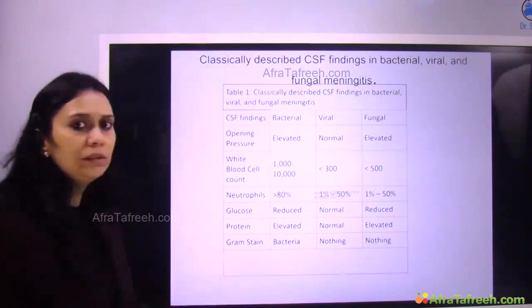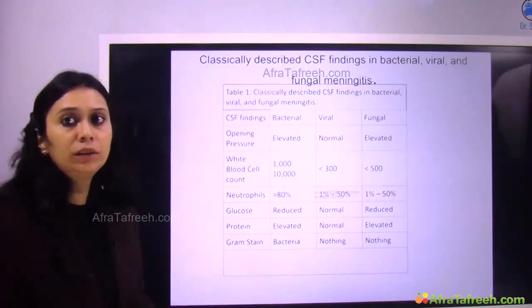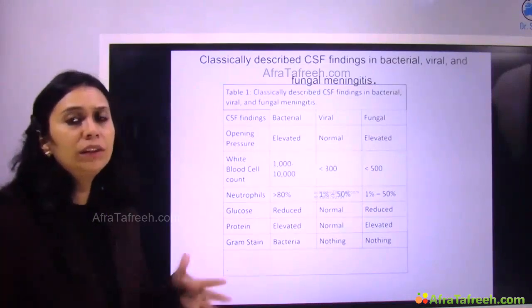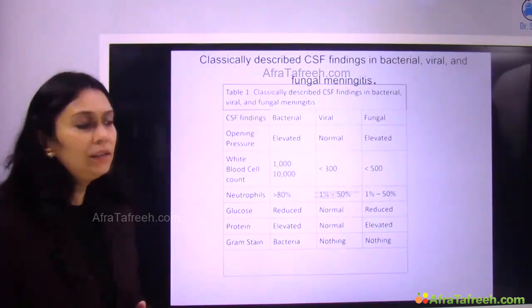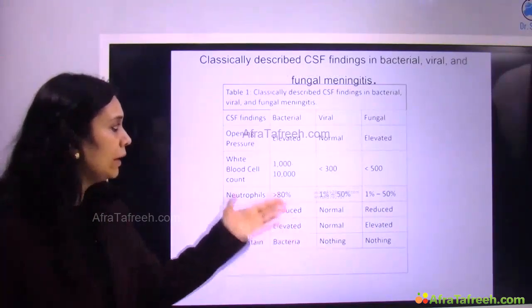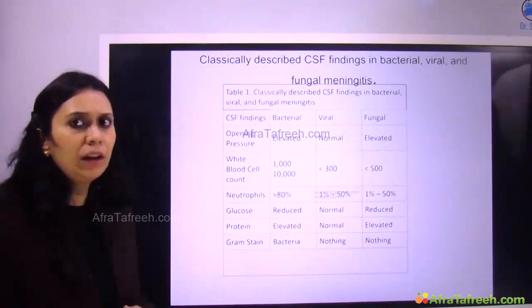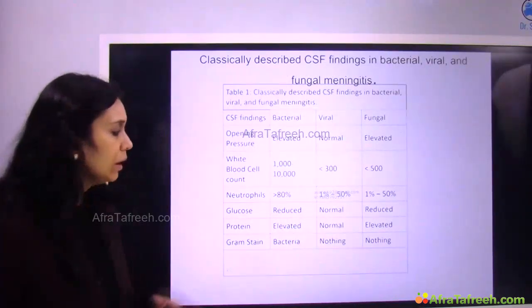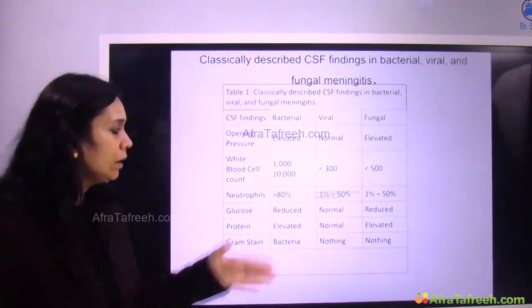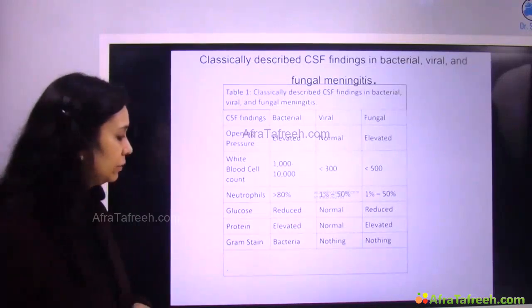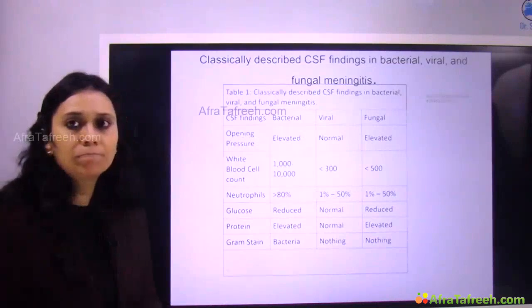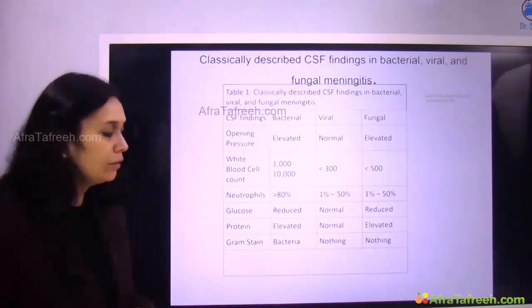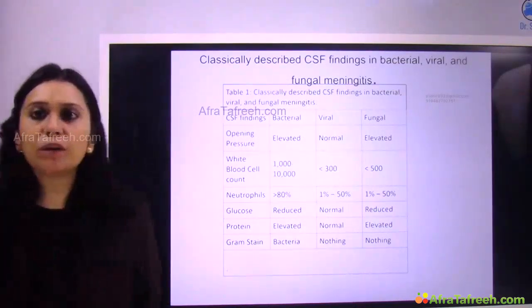Then glucose is reduced in bacterial meningitis, it is normal in viral meningitis and may be reduced in fungal meningitis as well. Protein is elevated in bacterial meningitis, normal in viral meningitis and elevated in fungal meningitis also. And gram staining in bacterial meningitis will be positive for bacteria.